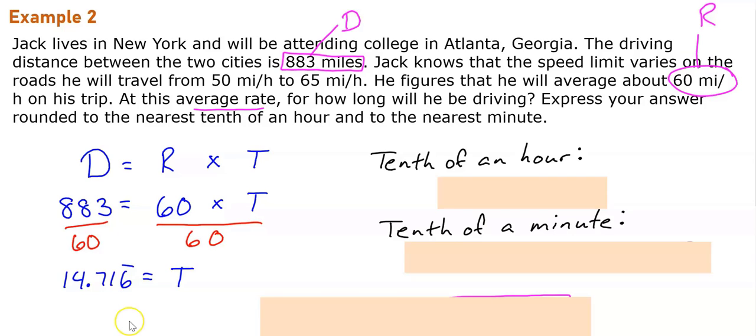So that means 6 goes on forever. In your calculator, you would probably see it as 14.71666666, and then whatever the last space on your calculator is, we'll say 7 because it'll round it up. So the tenth of an hour would be 14.7 hours because we would want to take the 1 and use it to tell us whether or not to round the 7 up.